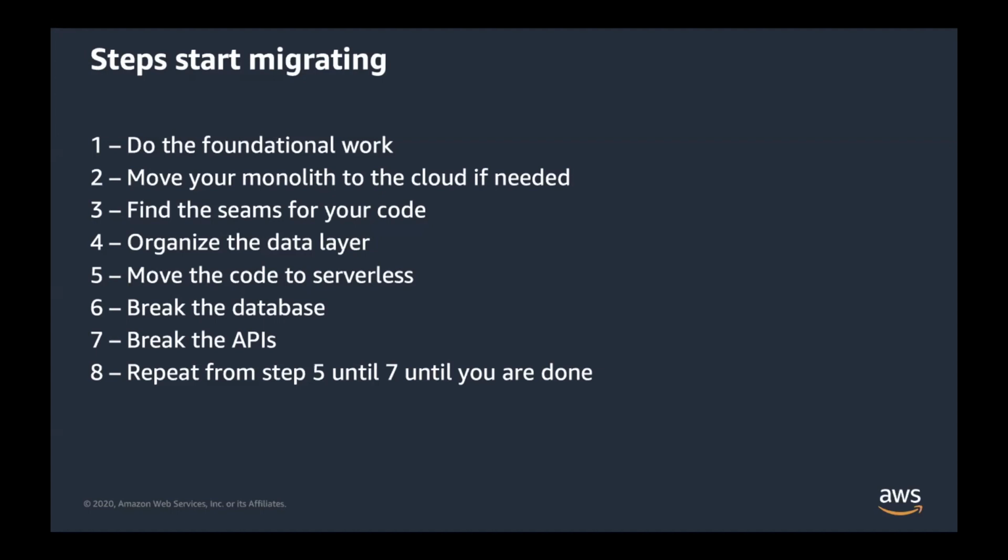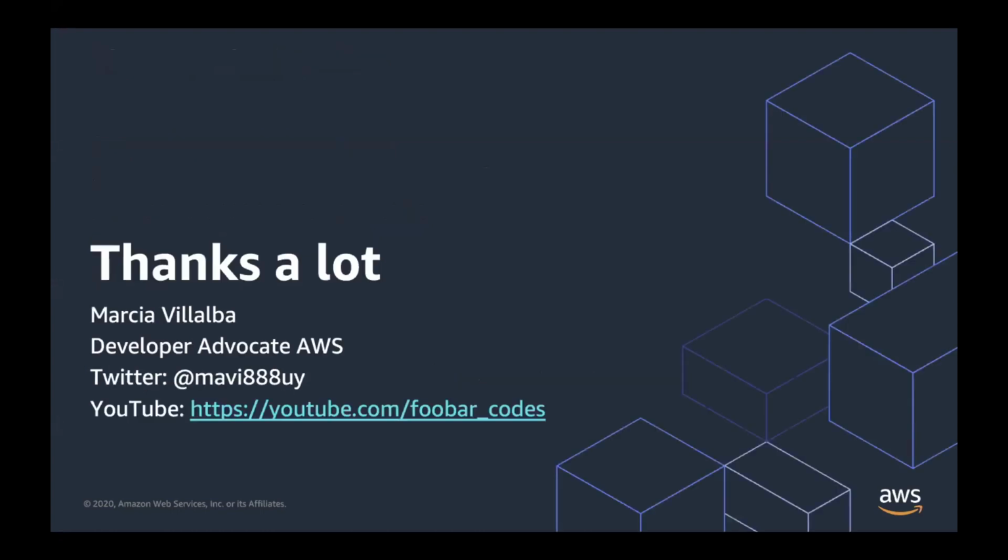Break the database or migrate to something more efficient than MySQL; SQL databases don't tend to be very performant at large scale. Break the APIs so your customers can have the new endpoints without destroying the old endpoints, and then repeat from 5 to 7 until you're done. And that's the whole migration.